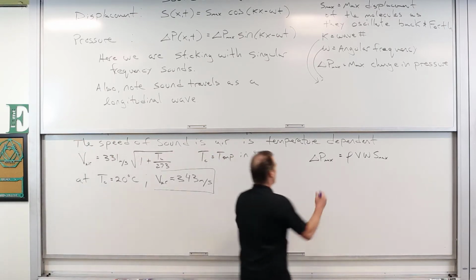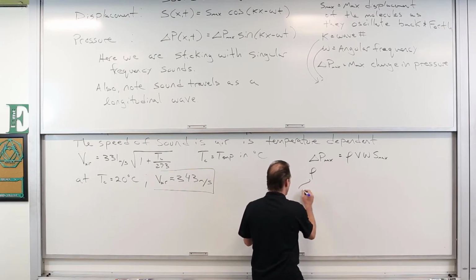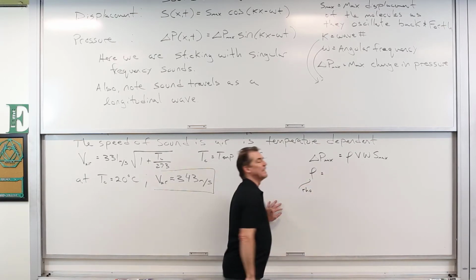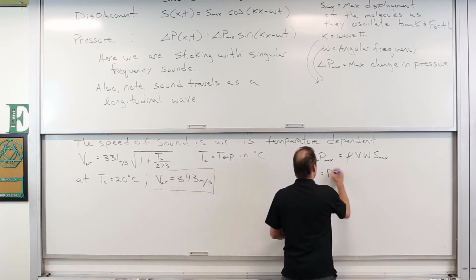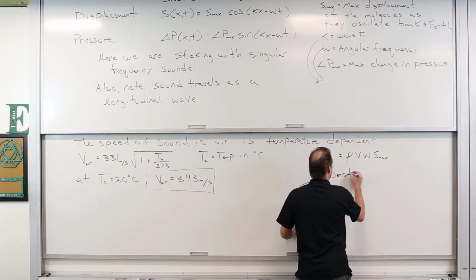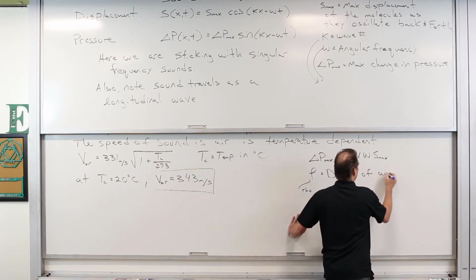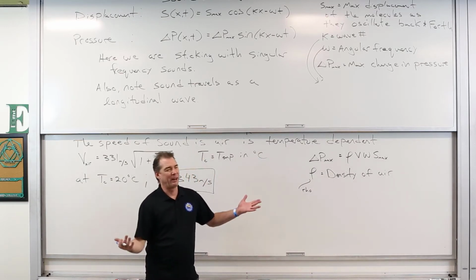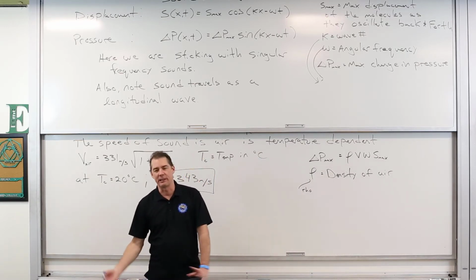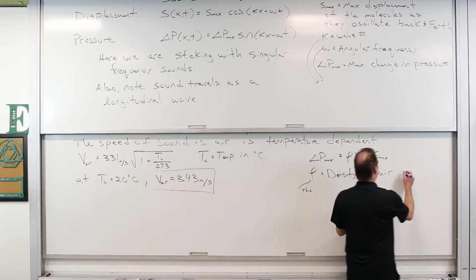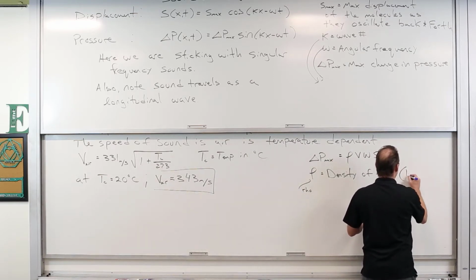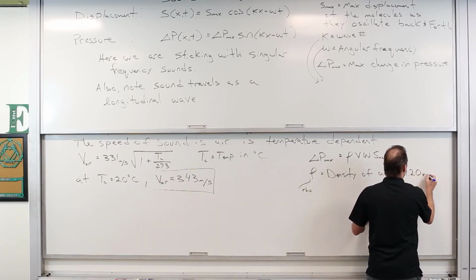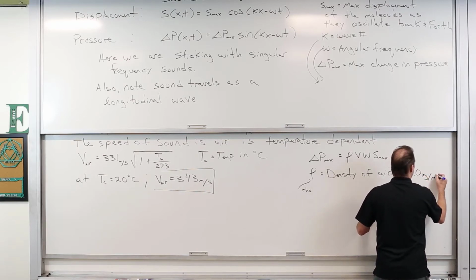All right, so we've got these things going on for us. What are these? Well, rho is the density of air. And for the density of air, if we're at sea level and it's 20 degrees Celsius, we've got approximately 1.20 kilograms per cubic meter.